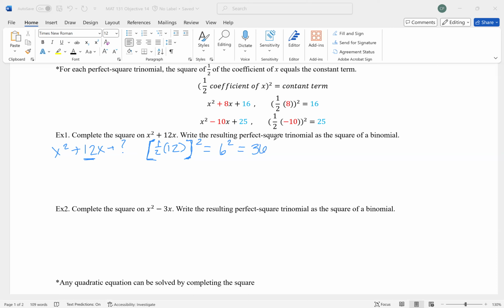Okay, so if we complete the square, we're going to have x squared plus 12x plus 36.